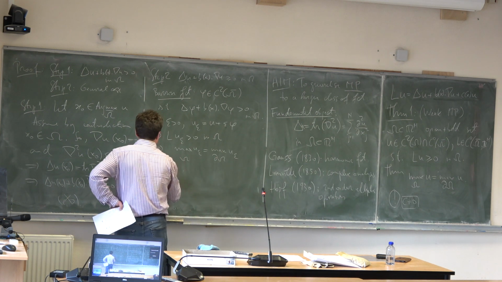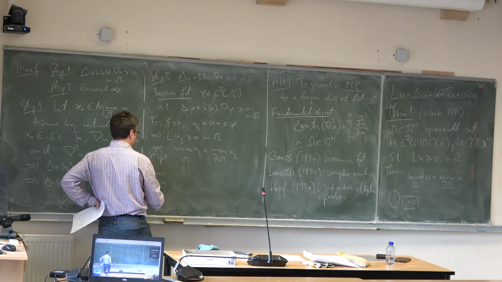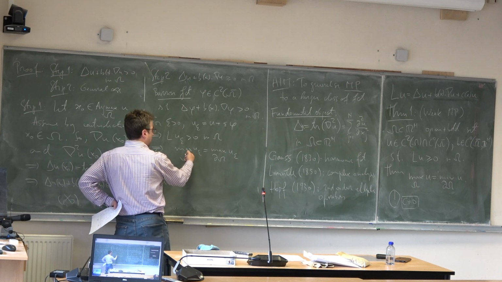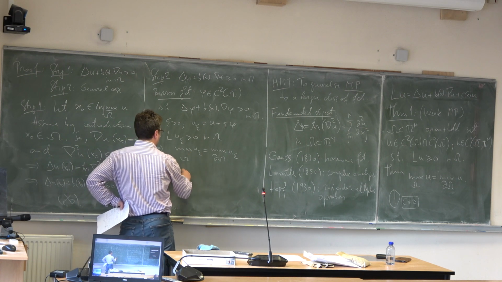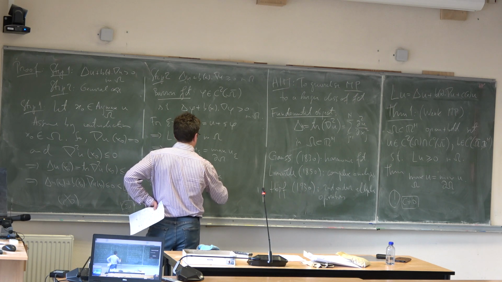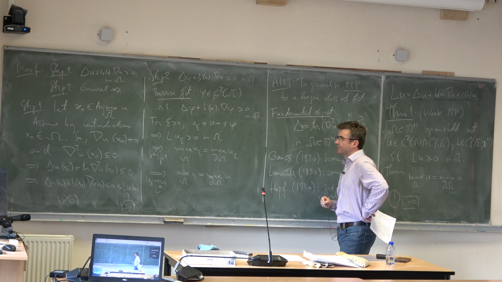So if you have uniform convergence, then we have that the maximum converges to the maximum of the limit. And you are done. Okay.